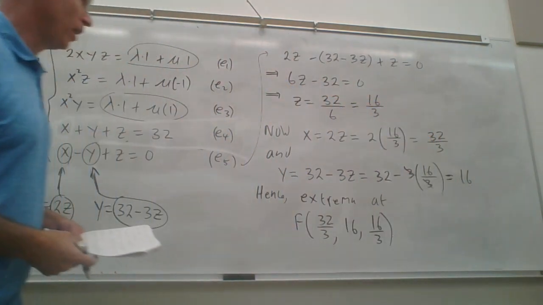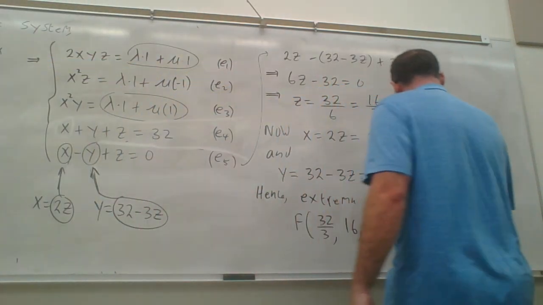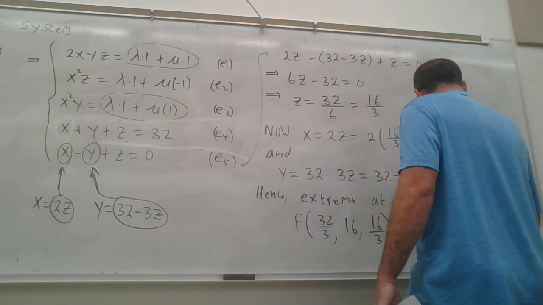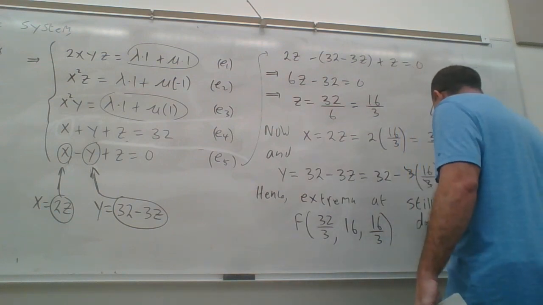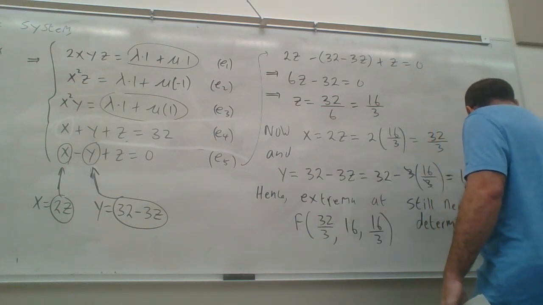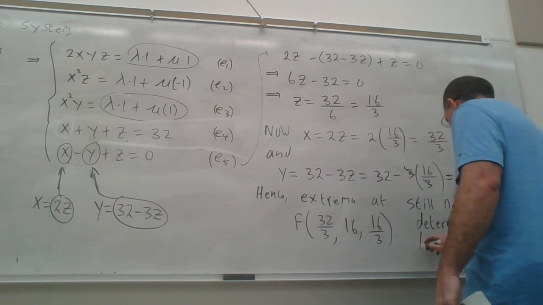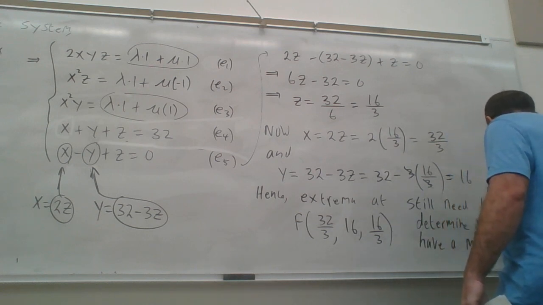So we still need to figure out whether it's going to be a max or a min. So we still need to determine if we have a max or min.